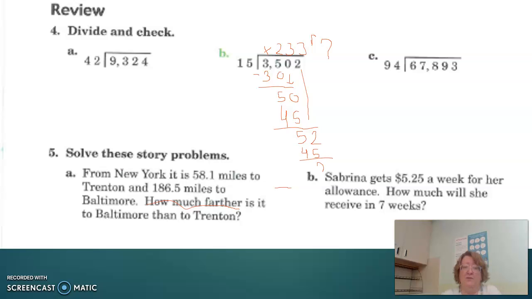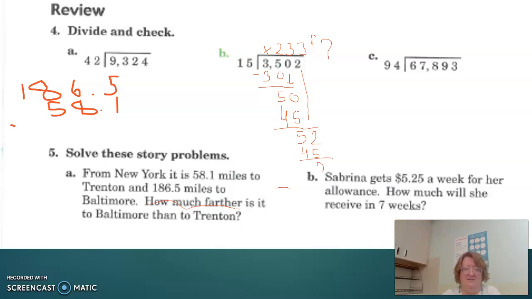Now, hopefully you remembered to line up your decimals. Okay, you had to line up the decimals so that your problem would look like this. 186.5 minus 58.1. Boy, those 8s are hard to draw.